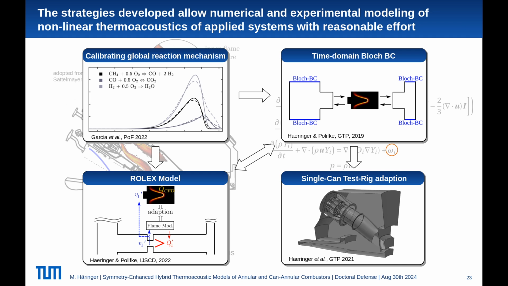And finally, we brought the learning from the numerical models, the strategy we applied there, to experimental testing. The strategy proposed there offers a way to avoid costly full-scale cannular tests, or at least reduce them, and thus again improves the design capabilities on the experimental side.